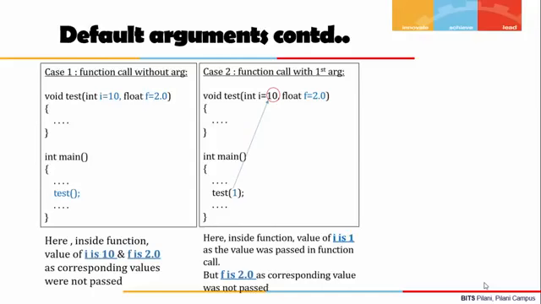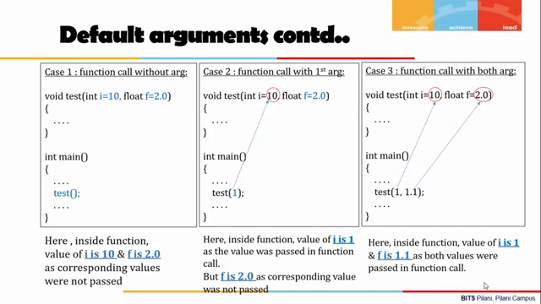The first argument is passed, so the value of I will be equal to 1, not 10, because it is given. But there is no argument for float f, so the value of f will be equal to 2.0, which is defined in the prototype.